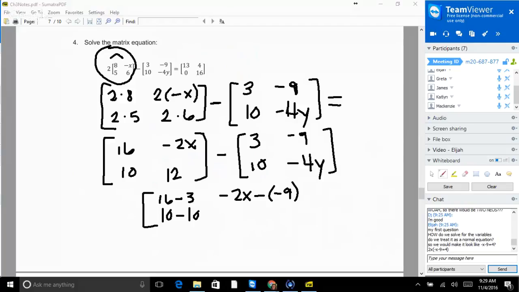And we have 12 minus a negative 4y. Okay. So let's do some simplifying. 16 minus 3 is 13. Negative 2x minus a negative 9 is negative 2x plus 9.